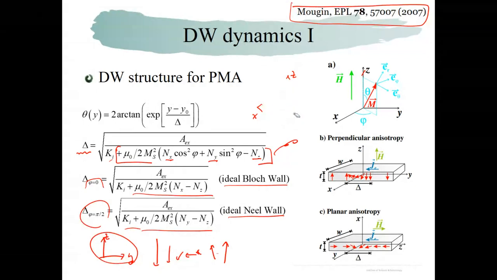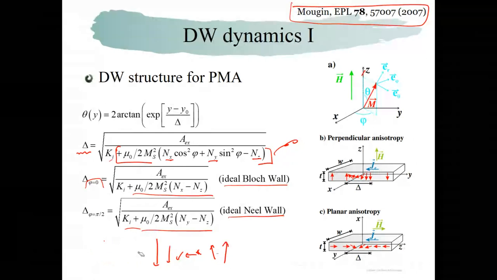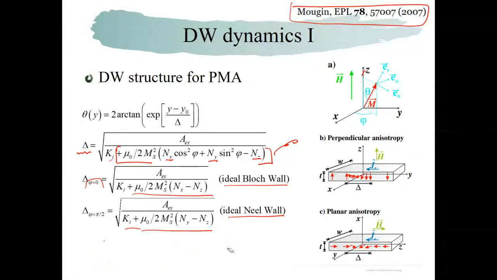Please remember that the domain wall of the Bloch type and the Néel type has a different rotation of the magnetic moment inside of the domain wall.